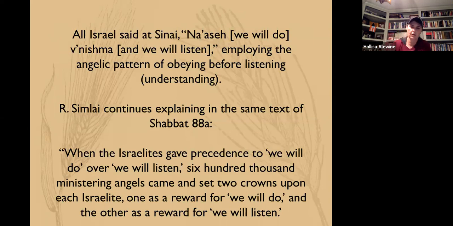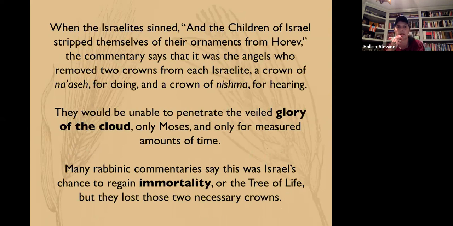But two concepts here that we'll be working with. The tongues of angels saying we will do, and then we will listen, understand. And then the two crowns of doing and listening. And so it says, when the Israelites sinned, again, we're going back to Exodus.